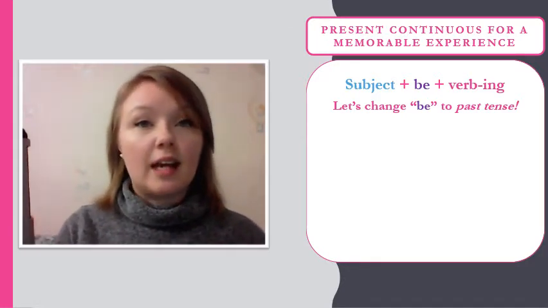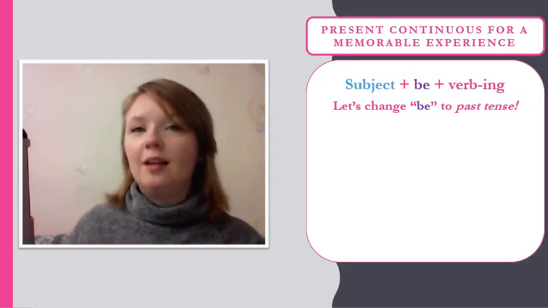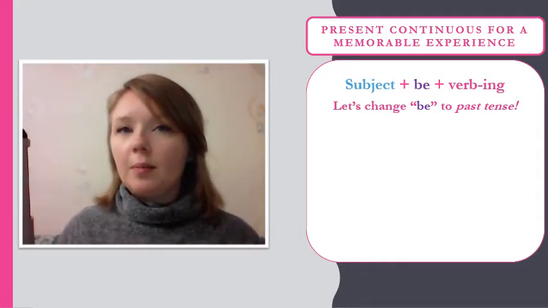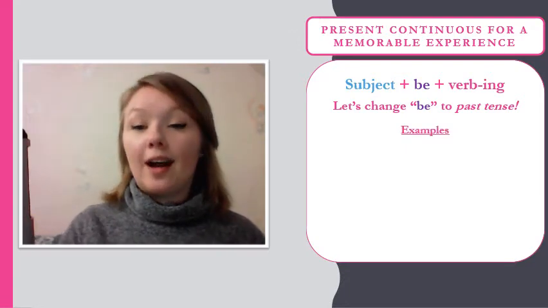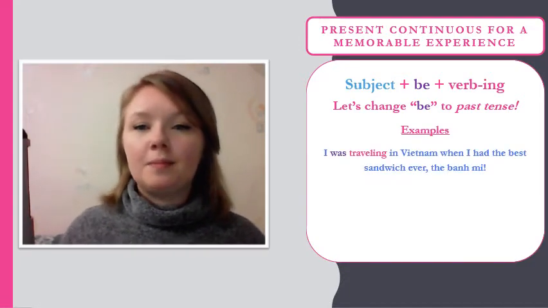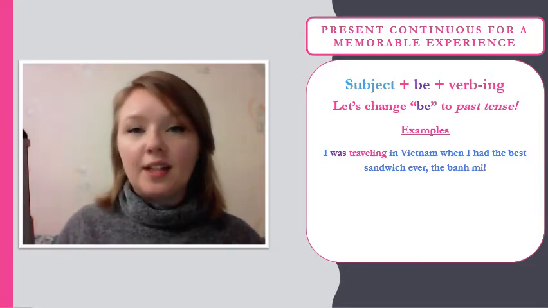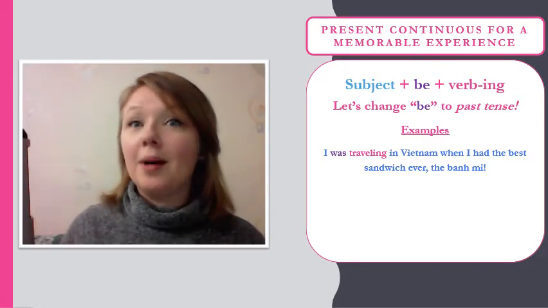So let's take a look at 3 sentence examples of how we could use subject and past tense and verb ing to talk about our memorable experiences. Here are our 3 examples. Example number 1. I was traveling in Vietnam when I had the best sandwich ever, the banh mi.